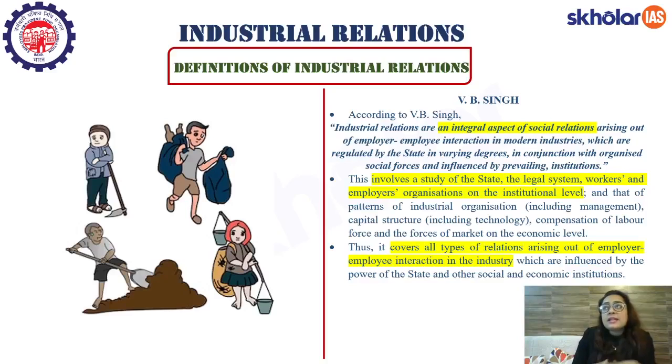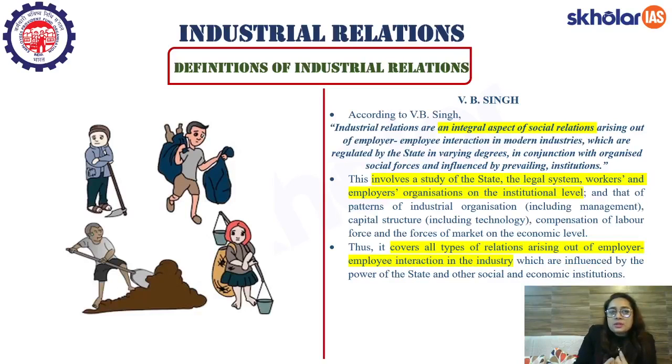So basically the state has to make sure that whatever compensation an employee is getting out of any work he is doing is basically fair and justifiable, and the state has to take note of this.